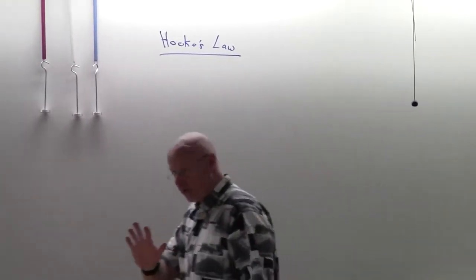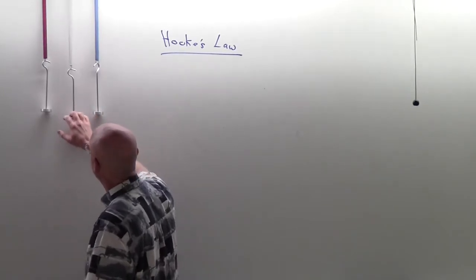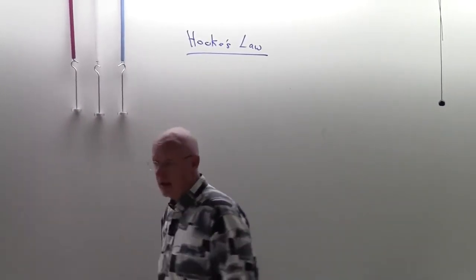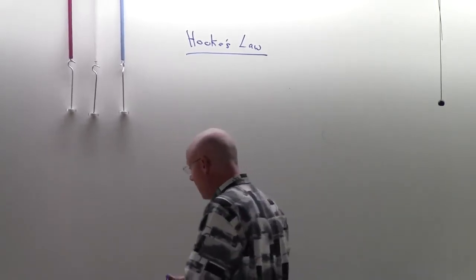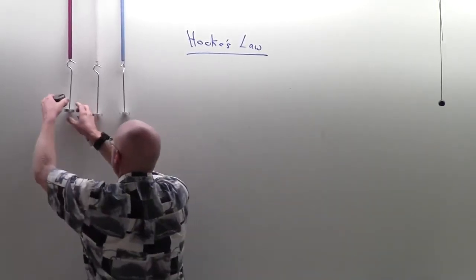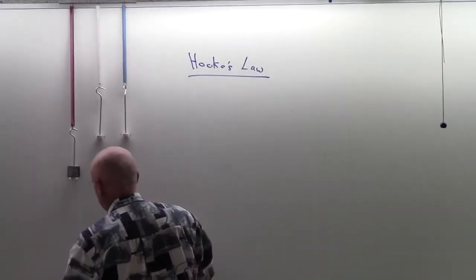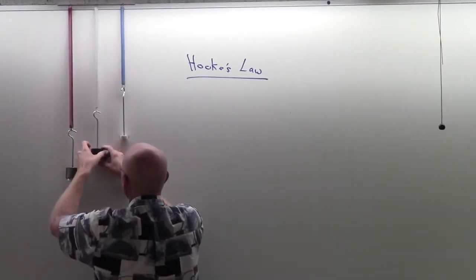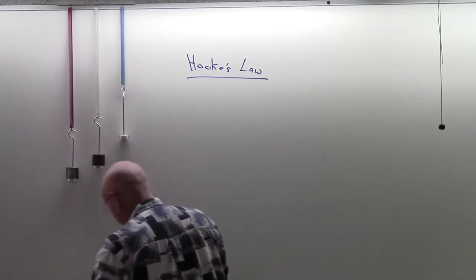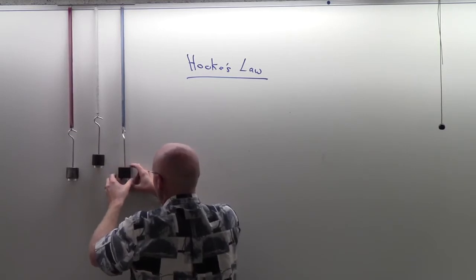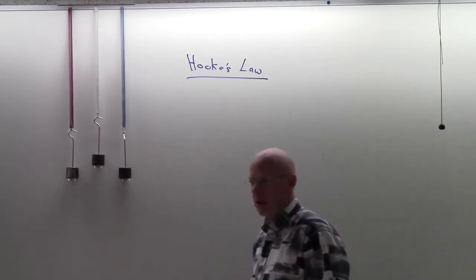You probably noticed for the last few minutes here that I do have 3 springs that are hanging up here. Maybe to get things started here, I will take these 3 springs and I will put the same amount of weight on each of them.